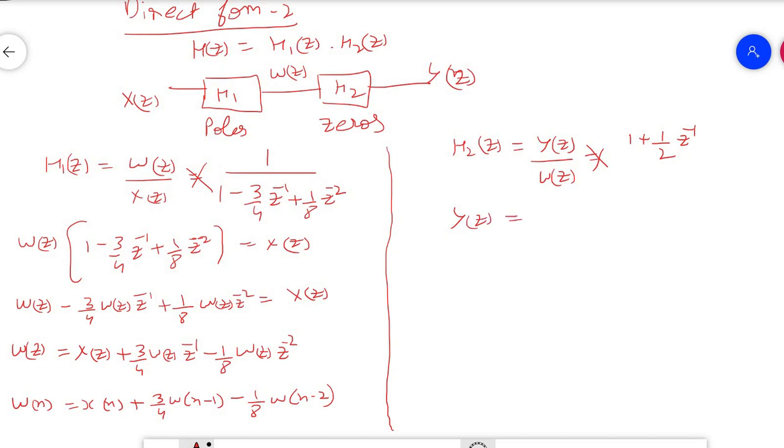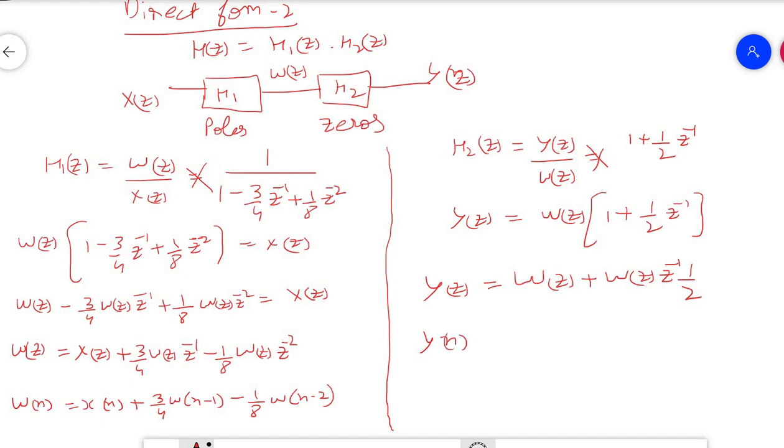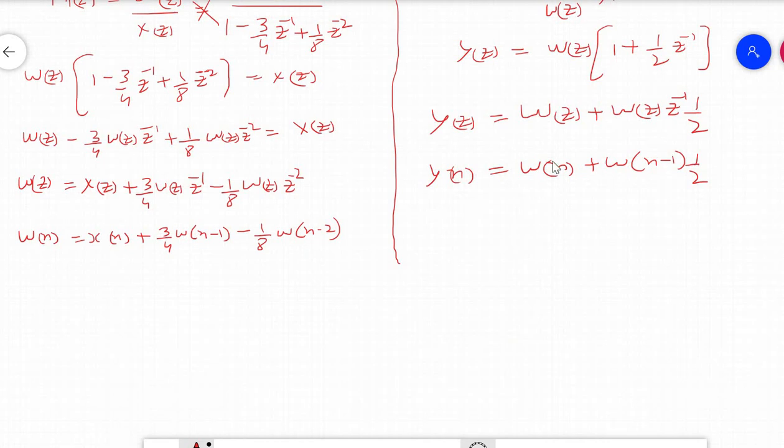Y(z) is equal to W(z) into 1 plus 1 by 2 z inverse. Y(z) is equal to W(z) plus W(z) z inverse 1 by 2. So in the n domain, w(n minus 1) into 1 by 2. So realize the direct form 2 network of these two equations.